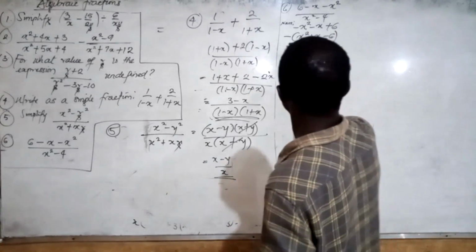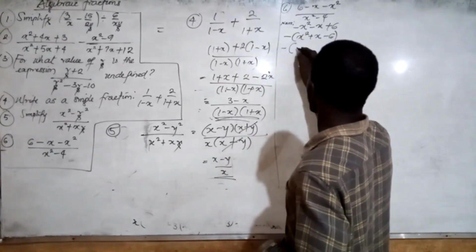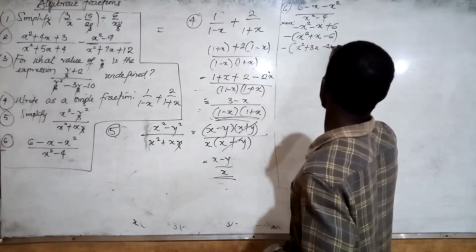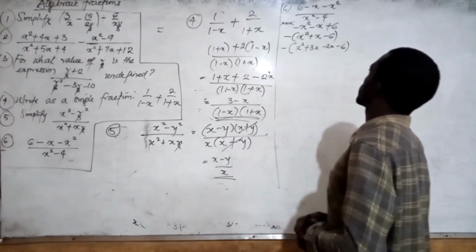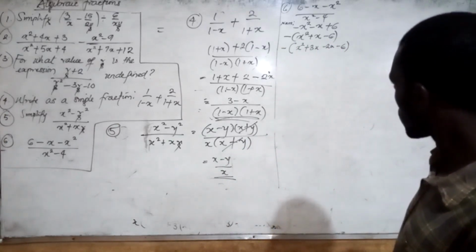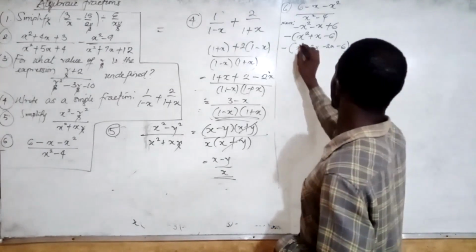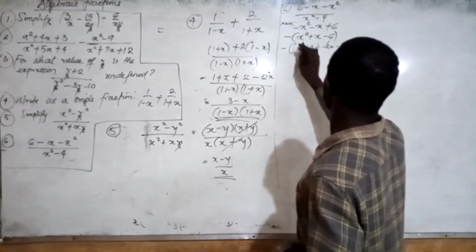And so we factor out that minus still. If we factorize this, we have x squared plus 3x minus 2x minus 6. So basically, you now factorize this.